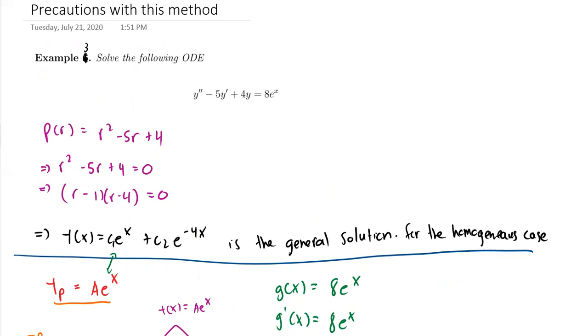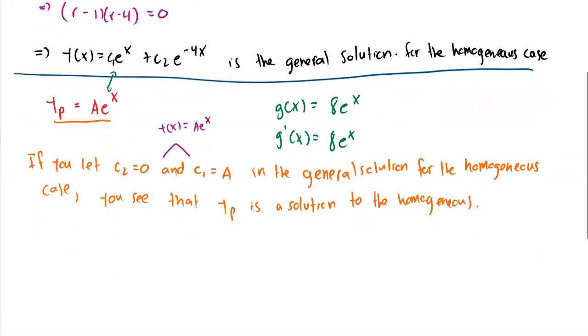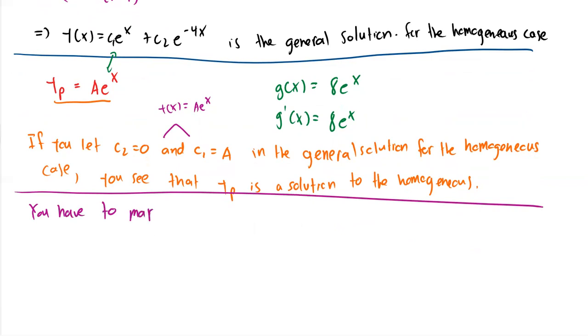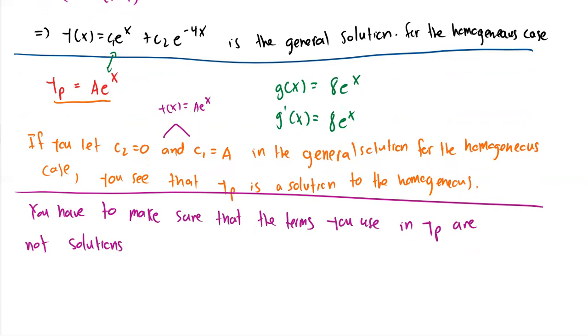So this is the one thing you have to be careful about. This is the one precaution. You have to make sure that the terms you use in y sub p are not solutions to the homogeneous case.